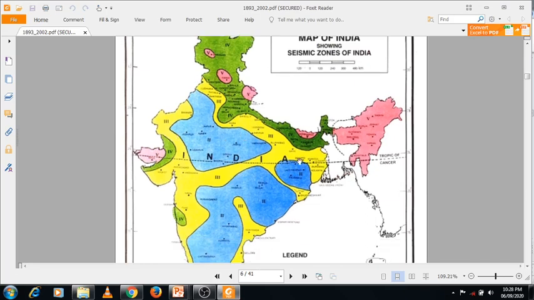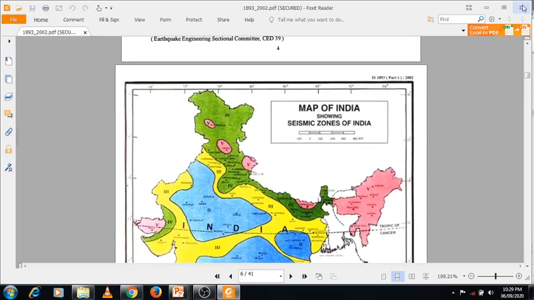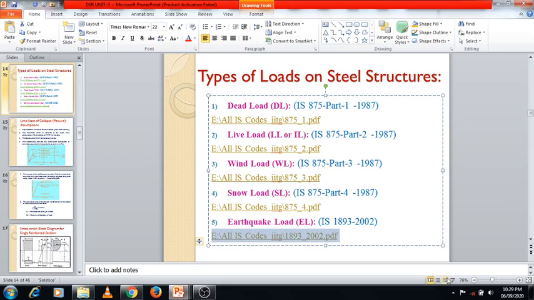According to these regions we design for the earthquake loads. Suppose our locality is in this yellow zone, that is zone number 3, so we look for the different criteria regarding zone 3 from this IS code, and we have to design the earthquake load resistant structure. Okay, so this is all about today's session.